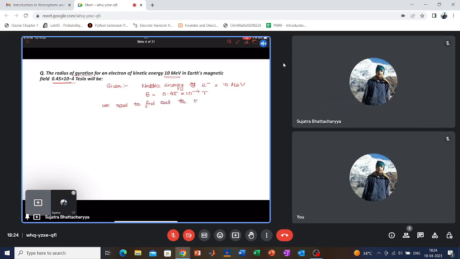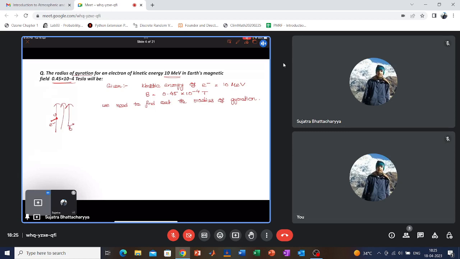the radius of gyration. So already the magnetic field is there. Now kinetic energy, which means that the electron is moving with a particular velocity v, and the magnetic field is somewhere here.